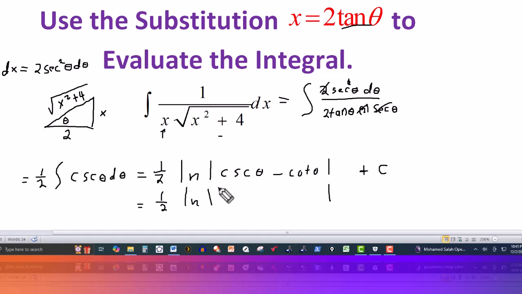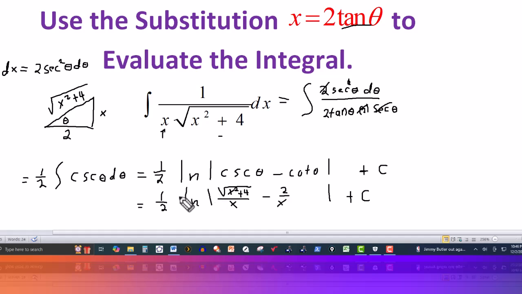So cosecant from the triangle would be the square root of x squared plus 4, so it's hypotenuse over the opposite side, which is x here. This would be an x right here. And then it's minus, and cotangent of theta from the right triangle is the adjacent, which is 2, over the opposite, which is x.